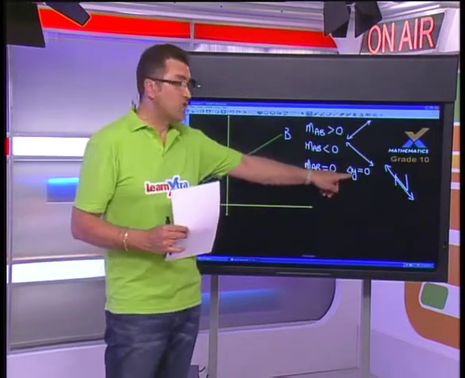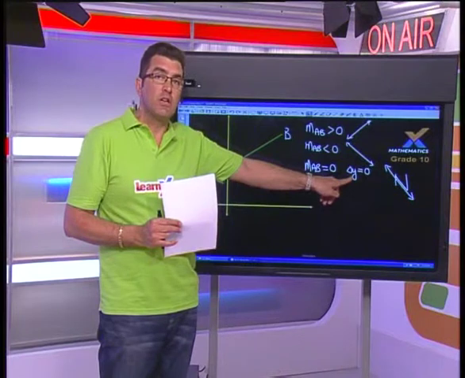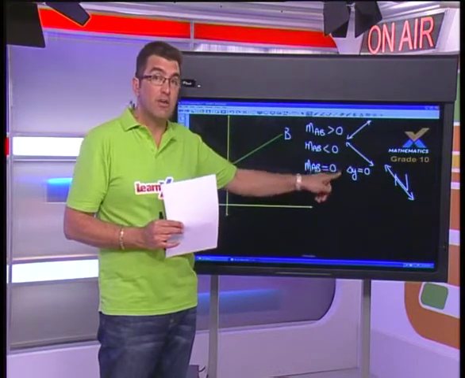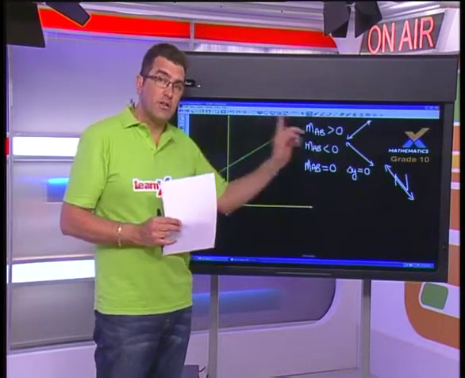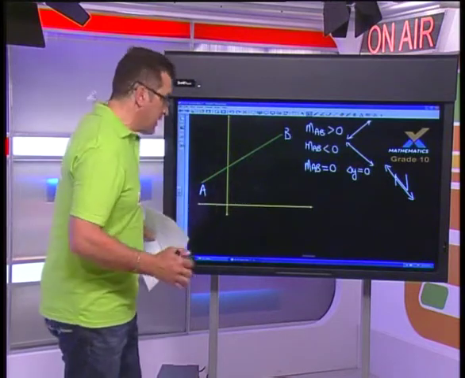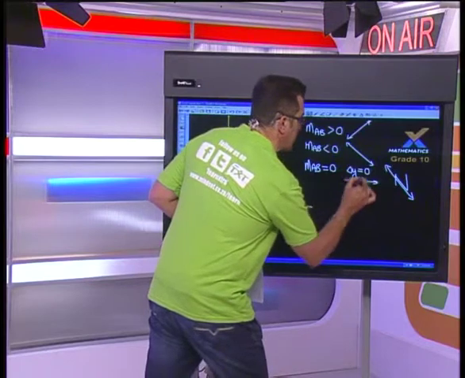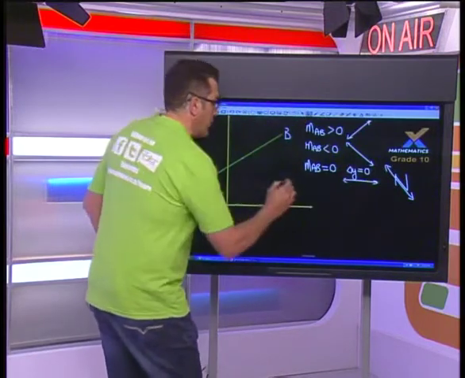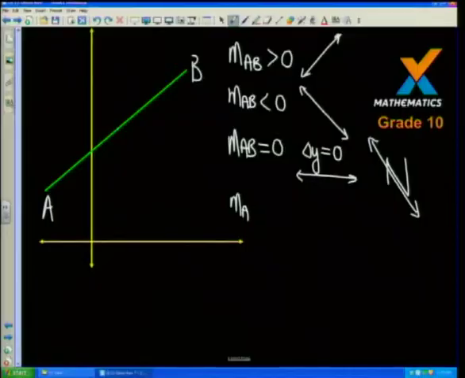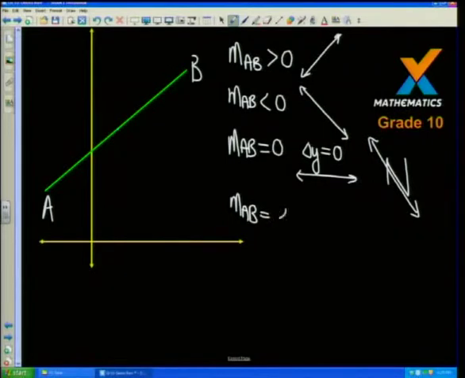Because if there's no change in the y values of two coordinates, it means the line is a horizontal line that connects those 2 points. So this line will be, let me draw it in there, a horizontal line.